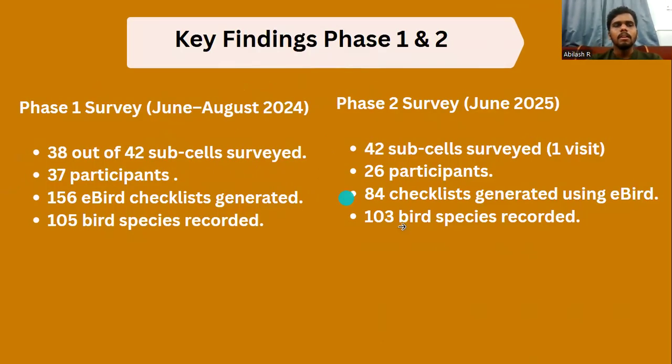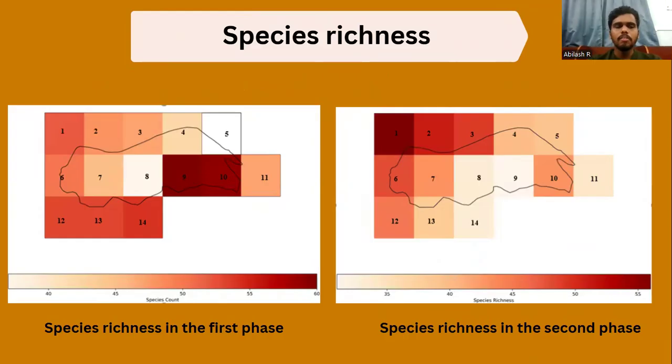For the first phase in 2024, 105 species were reported and 156 eBird checklists were generated. For the second phase, the survey this year, 103 species were recorded and 84 checklists were generated. On species richness by grid: in the first phase, grid number 9 had the highest number of species recorded, around 60, but this year the same grid recorded the least, only around 30 different species.